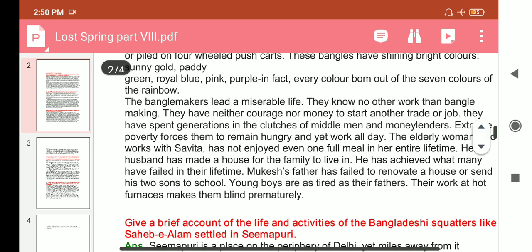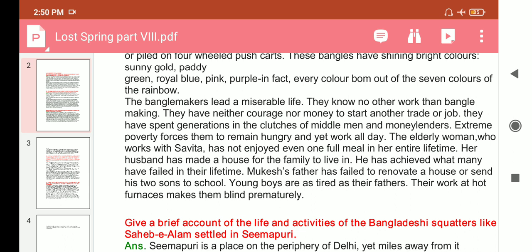The bangle makers lead a miserable life. They know no other work than bangle making. They have neither courage nor money to start another trade or job. They have spent generations in the clutches of middlemen and moneylenders.